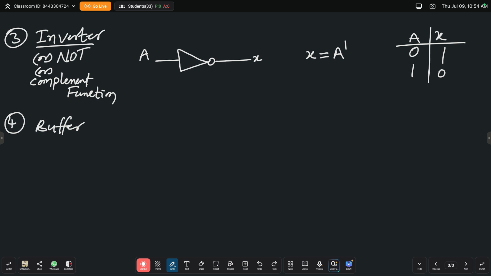Sometimes you want to wait because some other work is going on, so you don't want to stop the process and you don't want to continue the process because the machine is already engaged with some work. Yes or no? So you pass your data into the buffer gate. It will take some time. Whatever input it takes, it will produce the same output.